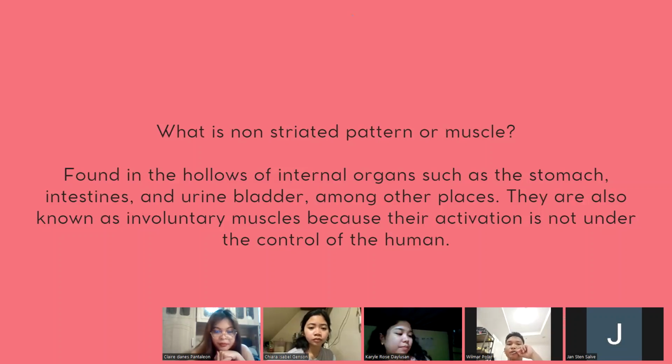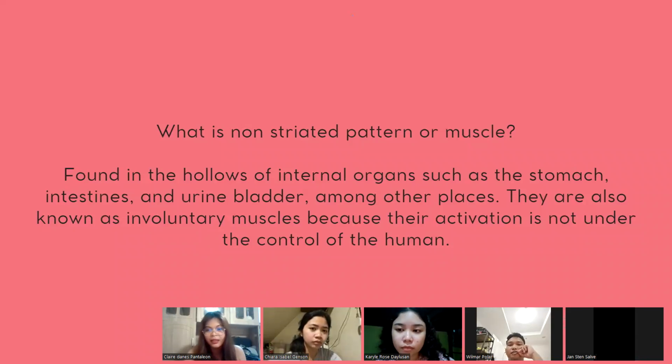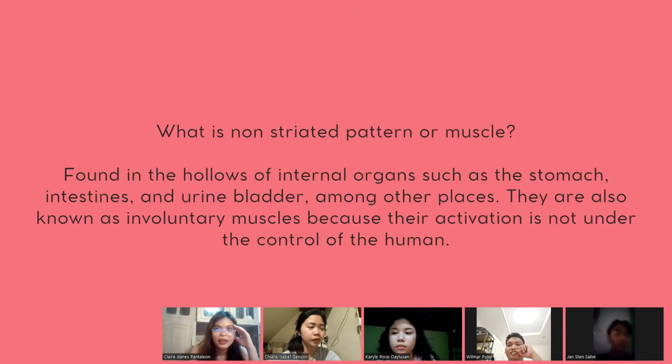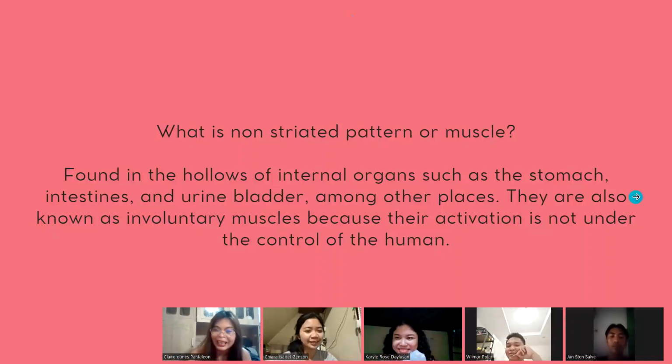They are also known as involuntary muscles because their activation is not under the control of the human. Yes, that is correct. We cannot control our stomach. We cannot control its actions, because you cannot say, okay, so I'm eating, I will digest this later. You cannot do that.